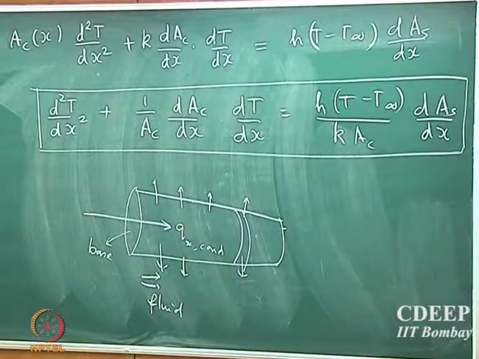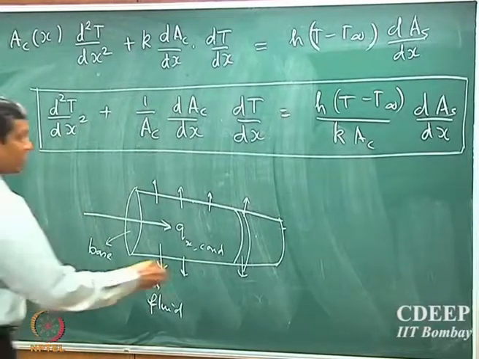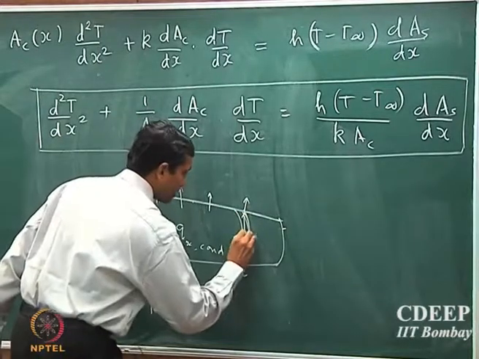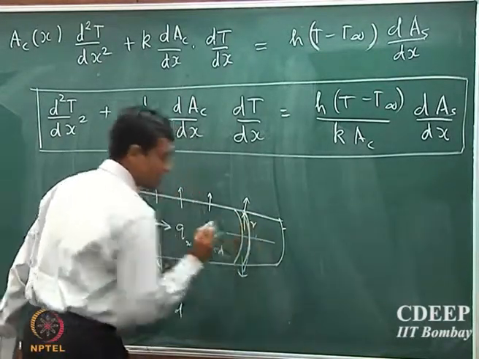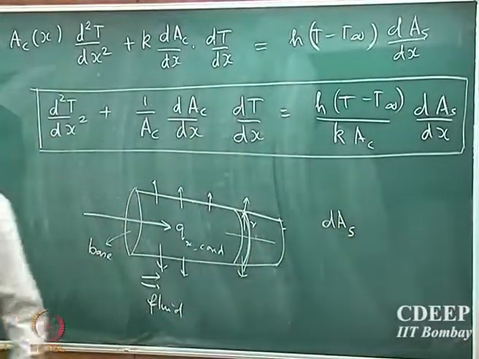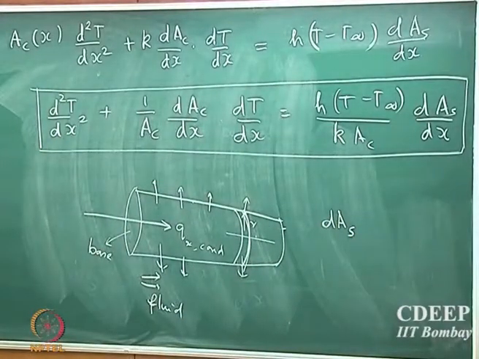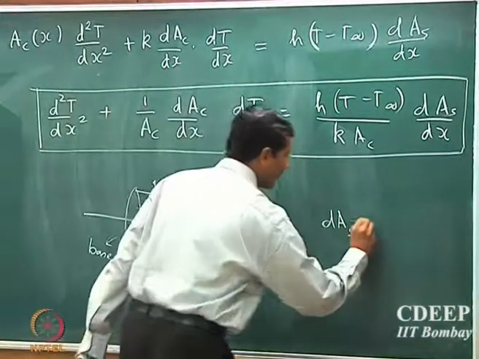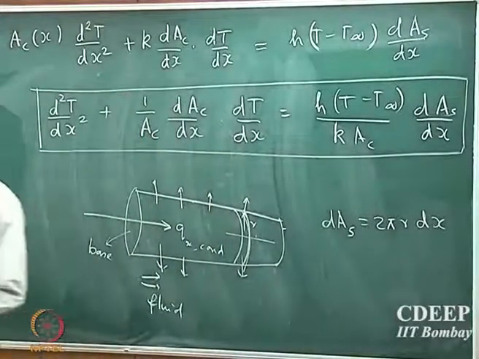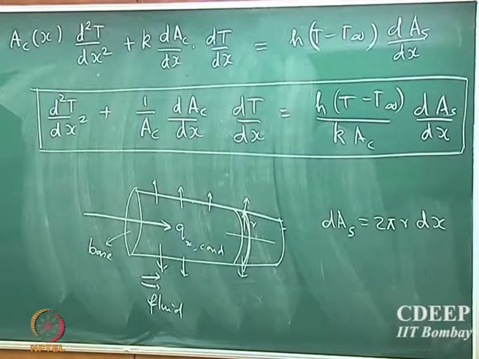So at any location x, supposing the radius is given by r, okay. At any location x, the differential area of heat transport is simply given by 2 pi r times dx, if the thickness is dx.